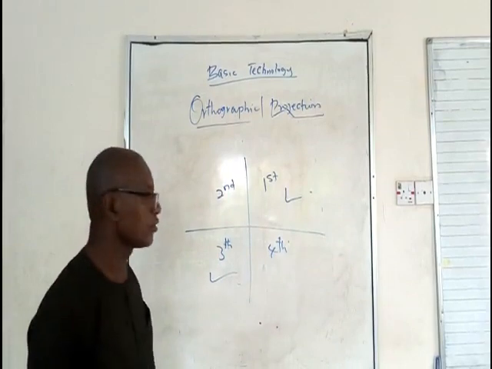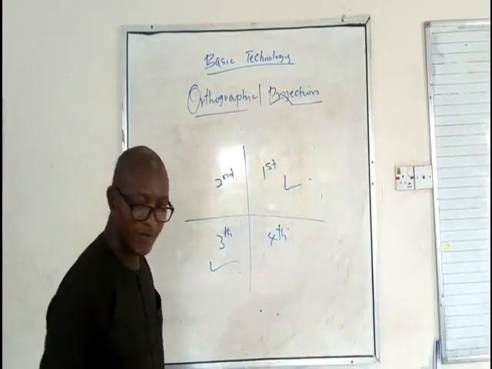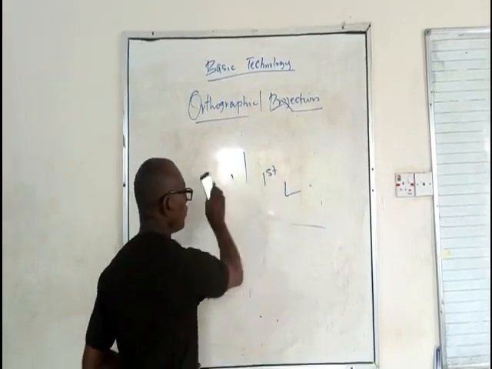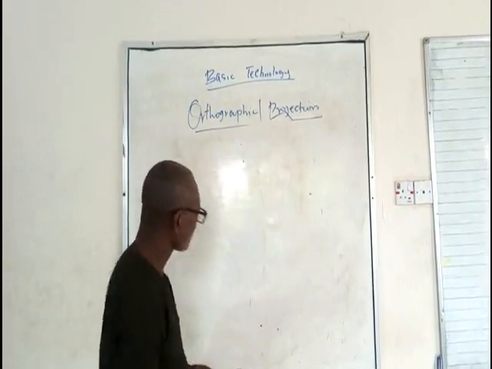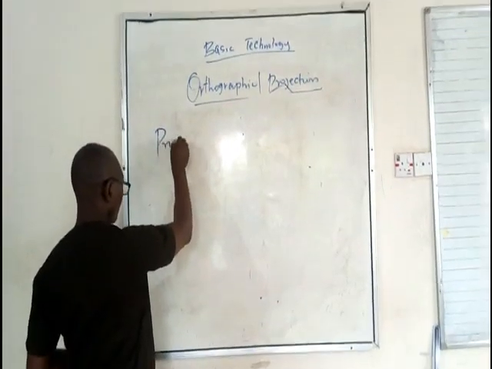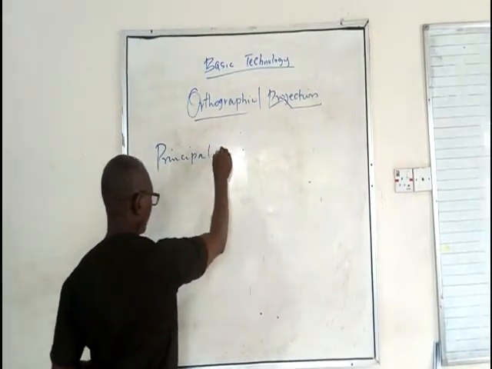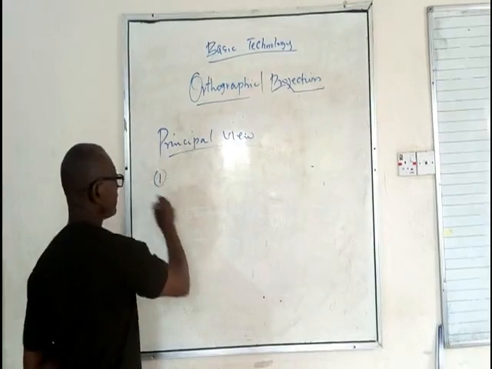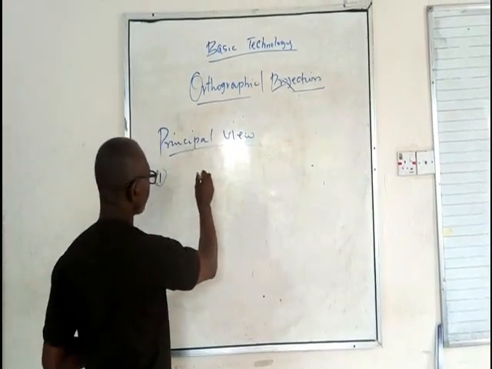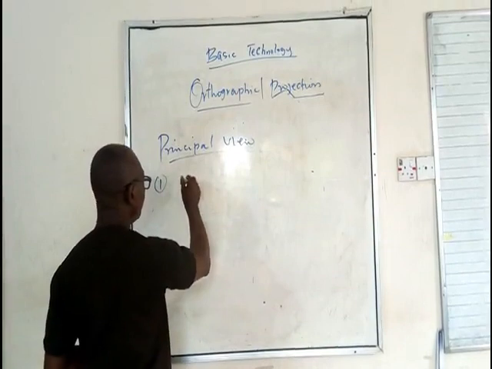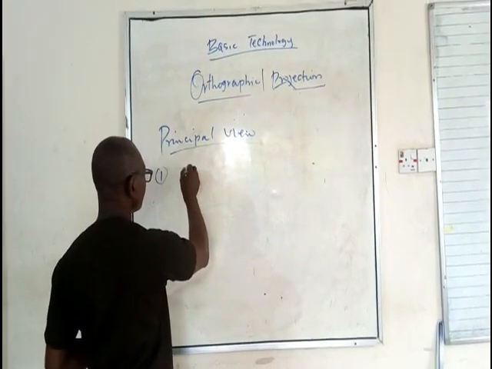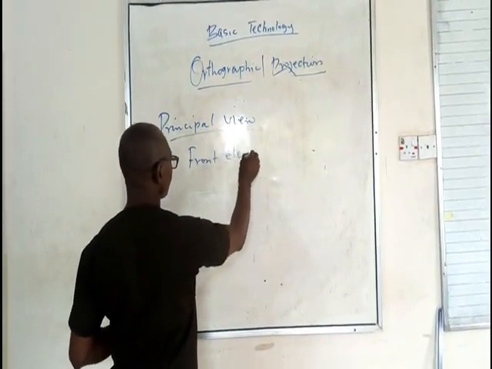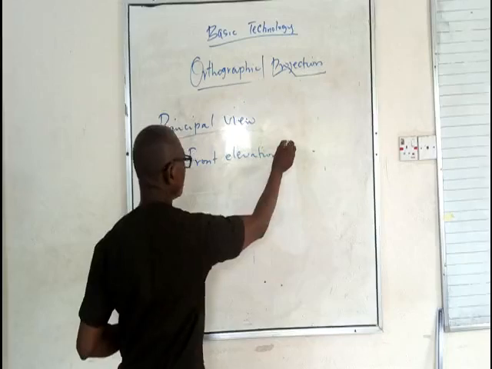The principal views. In orthographic projection, we have 3 principal views. Number one, we have the elevation, the front elevation or front view.